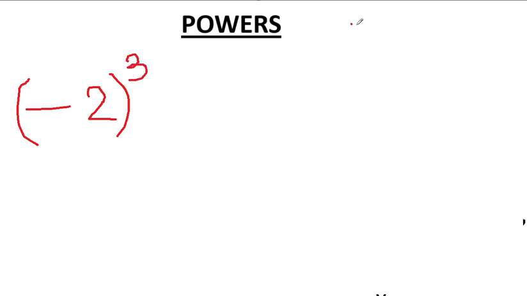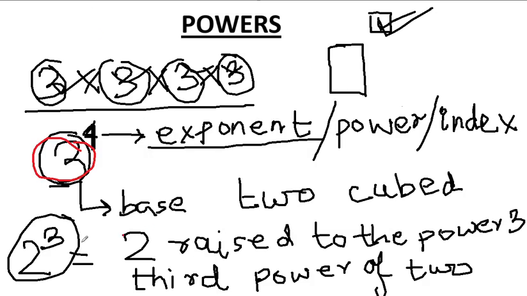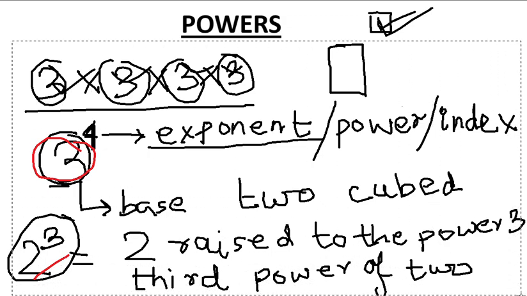The question that we have done previous to this was 2 to the power of 3. So that means it is 2 times 2 times 2. But now what we are doing is negative 2 raised to the power of 3.